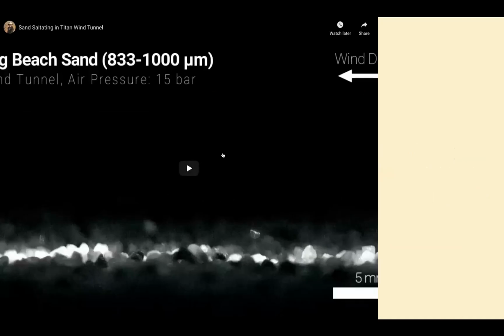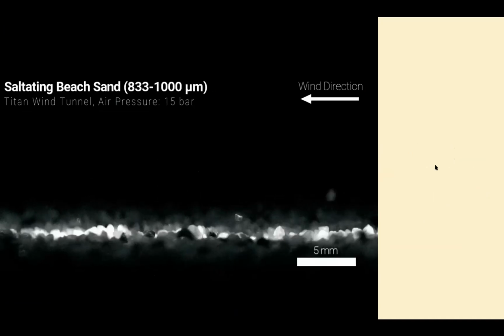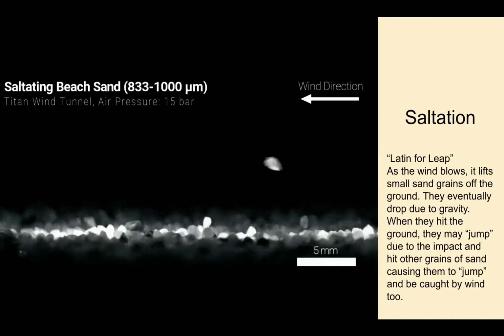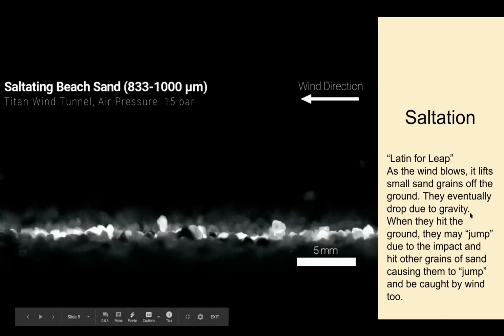And then here's a quick little video. Scientists actually replicated a wind tunnel to better understand how sand particles are being picked up and moved. So make some observations as you watch this video. This process is actually called saltation, and saltation is Latin for leap. So hopefully as you're watching the video, you're able to notice that some of those sand particles look like they're jumping or leaping.